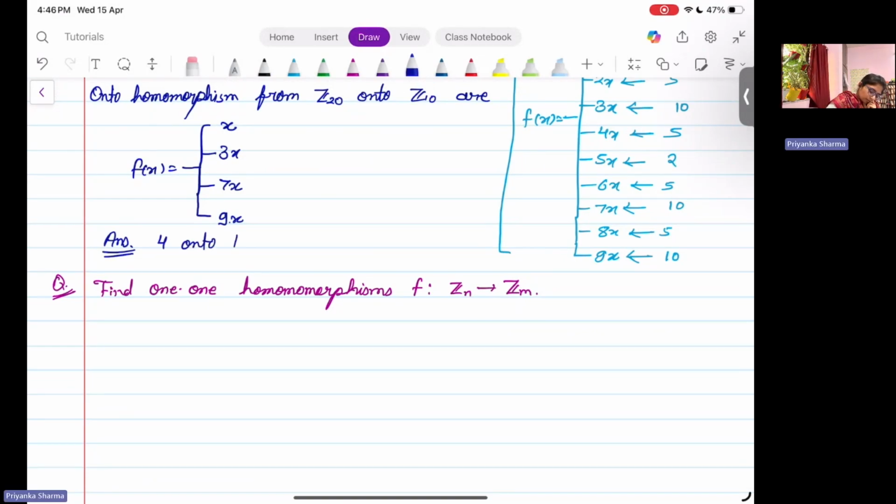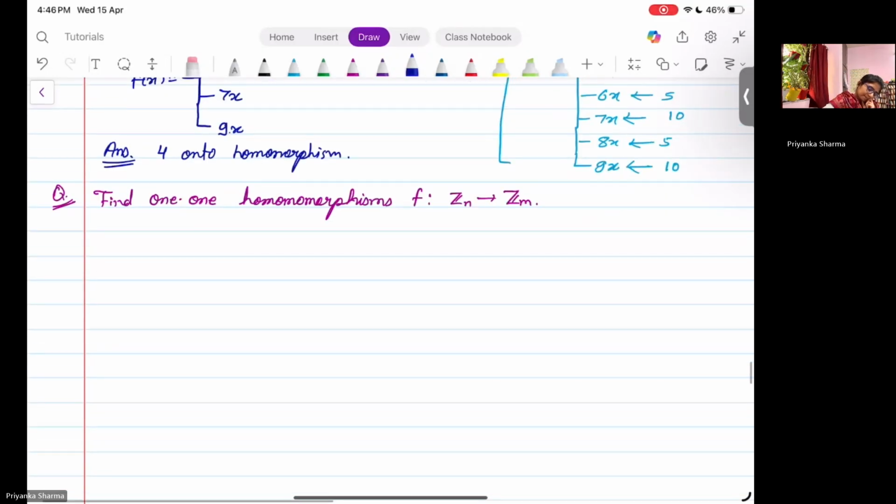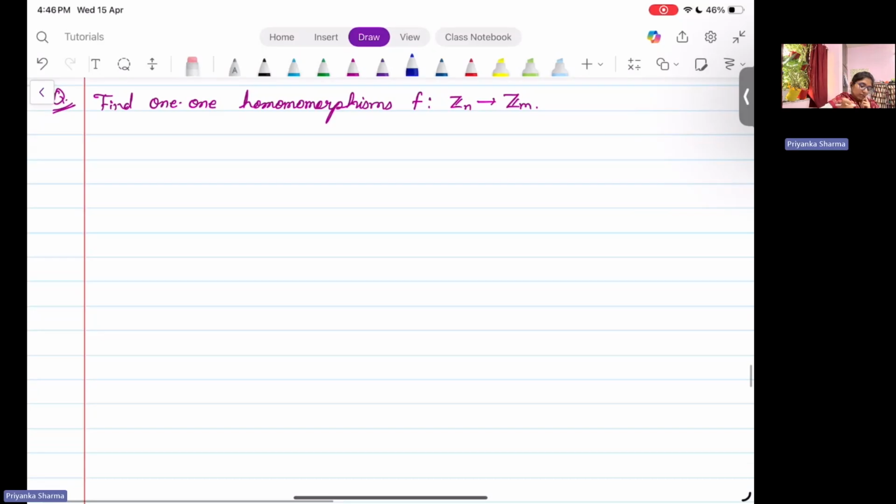For onto homomorphisms. Now, as we found onto homomorphisms, we can also find 1-1 homomorphisms. So, how to do this?